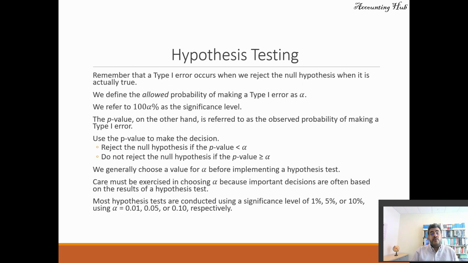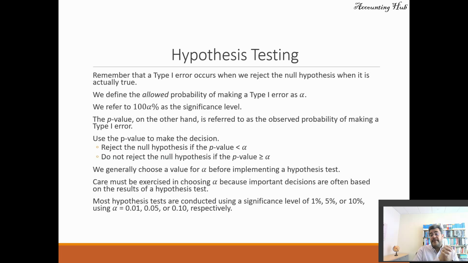So, remember that a type 1 error, and by the way, we also have a video about errors, the video is also in our video description, occurs when we reject the null hypothesis when it's actually true. We define the allowed probability of making a type 1 error as alpha.